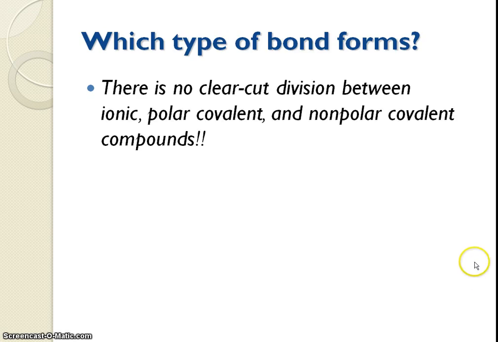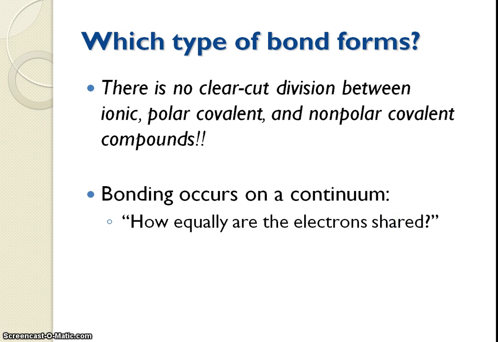So the problem with chemistry is that there's not a clear-cut division for a lot of the things that we teach. To make something ionic versus covalent, there's kind of a spectrum where it goes on a continuum, and it's based on how equally the electrons are shared. So if you picture 2 atoms that have the same electronegativity, they're going to share the electrons exactly equally, and that's called nonpolar.